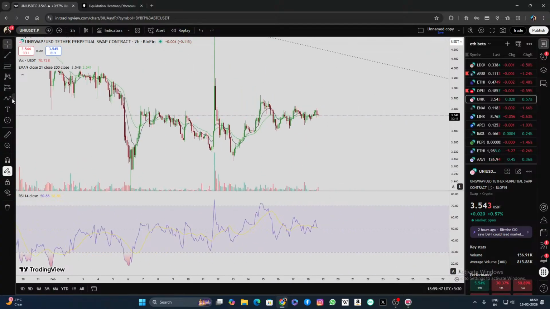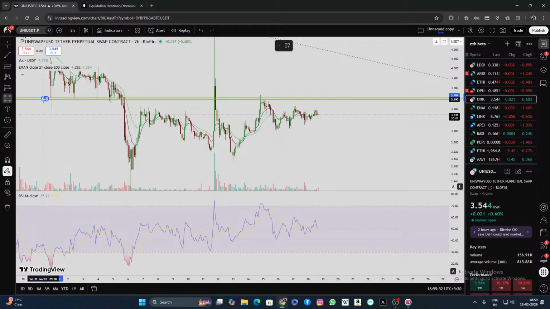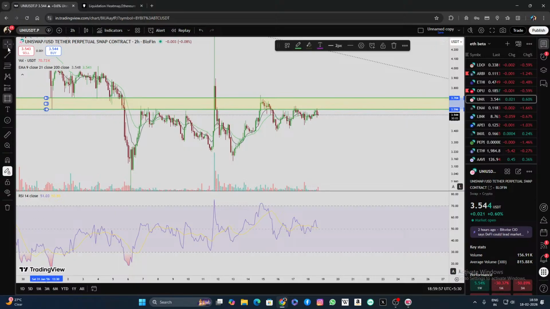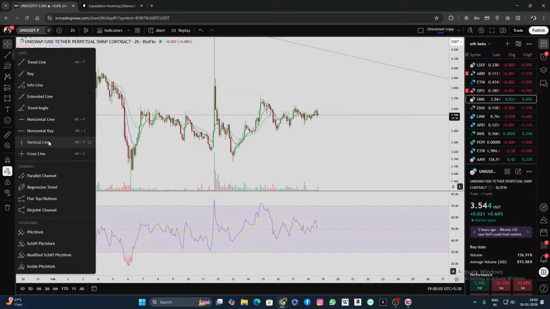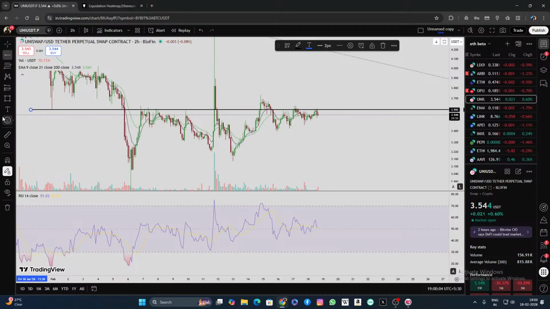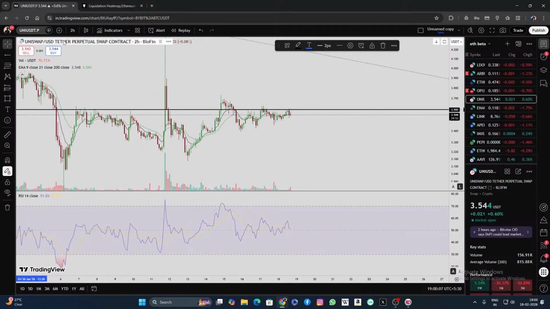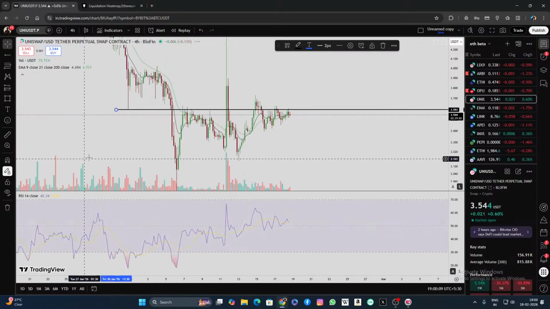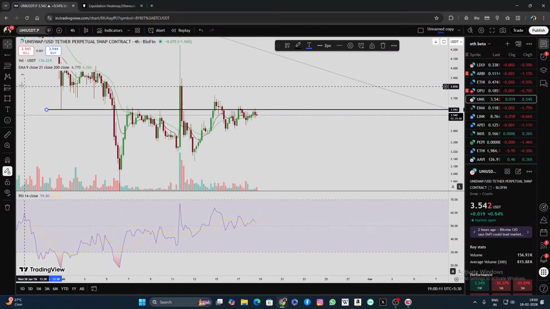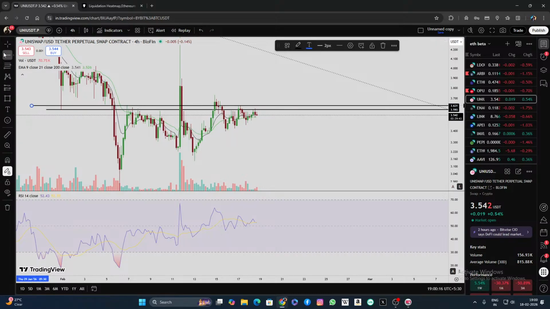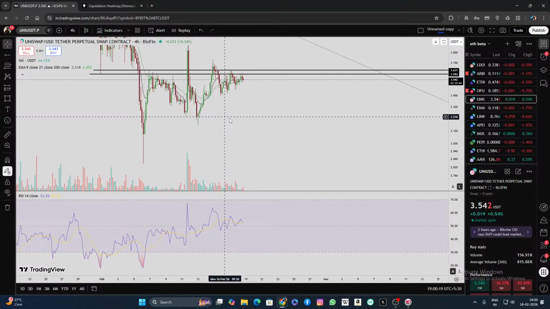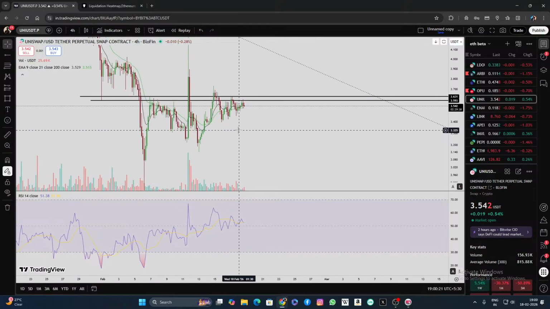Even if I see here, that's a pretty big resistance area to break for this one. So if any 4-hour candle closes above this, then we can go for a long, but for now it's at the resistance.